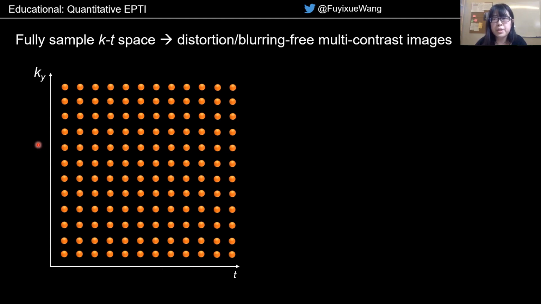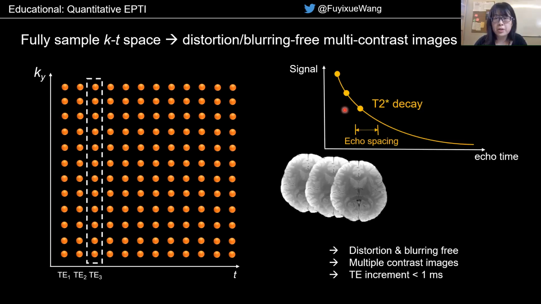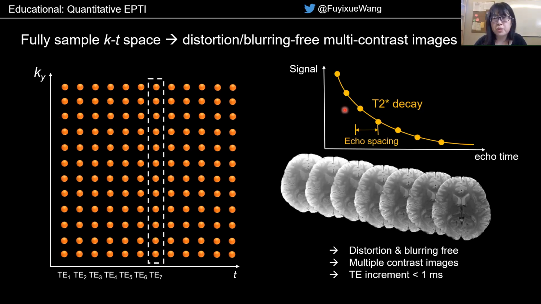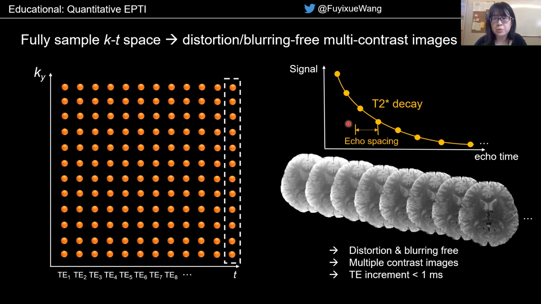If we can fully sample all the data in the KT space, at each column, all the phase encoding lines are sampled at the same time with the exact same B0 phase and signal magnitude. So we can take each column out to generate an image without any distortion and blurring. We can also get multi-contrast images with a small t increment of an echo spacing. However, this requires hundreds of excitations, leading to impractically long acquisition time.